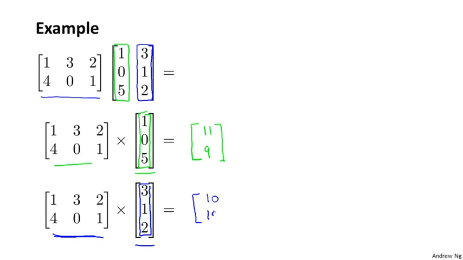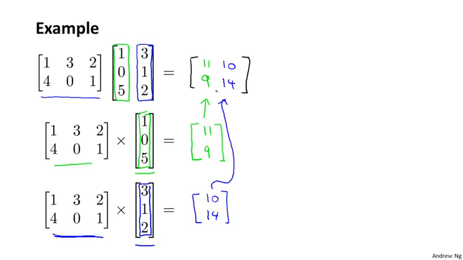By the way, if you want to practice your matrix vector multiplication, feel free to pause the video and check this product yourself. Then I'm just going to take these two results and put them together, and that'll be my answer. The outcome of this product is going to be a 2 by 2 matrix, and the way I'm going to fill it in is by taking my elements 11, 9 and plugging them here, and taking 10, 14 and plugging them into the second column.